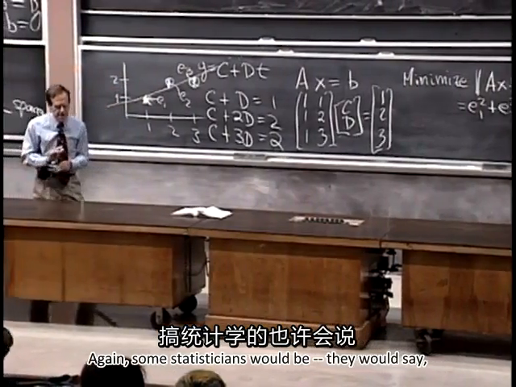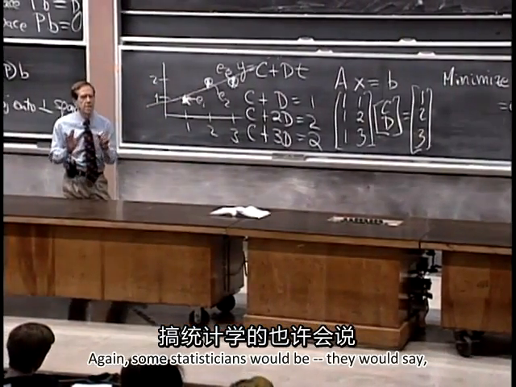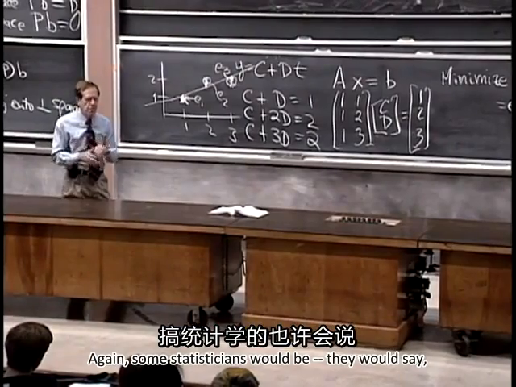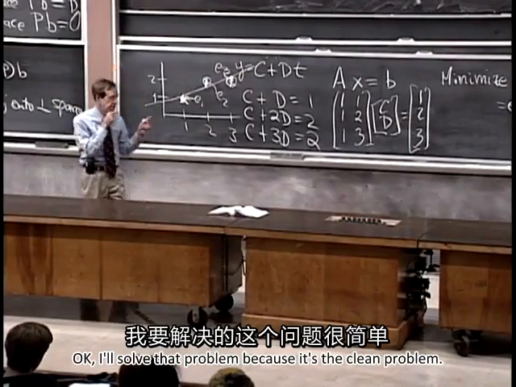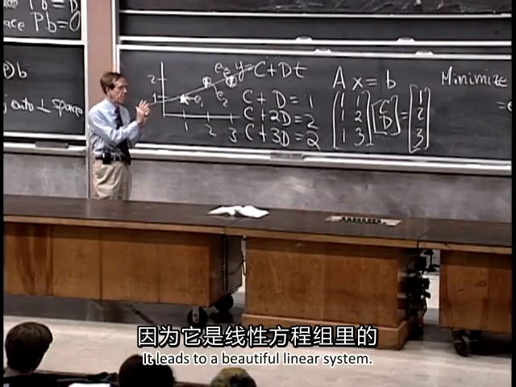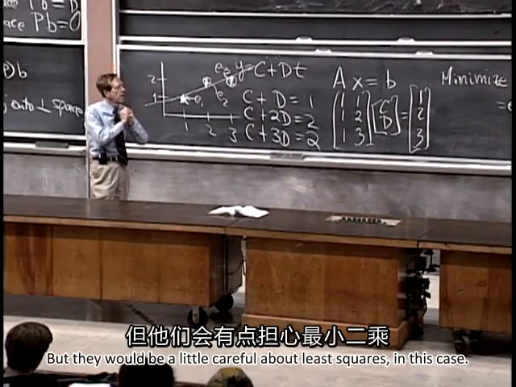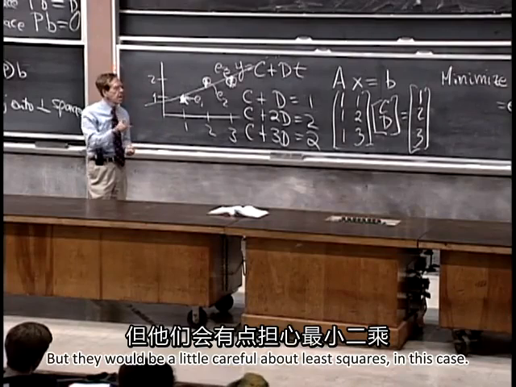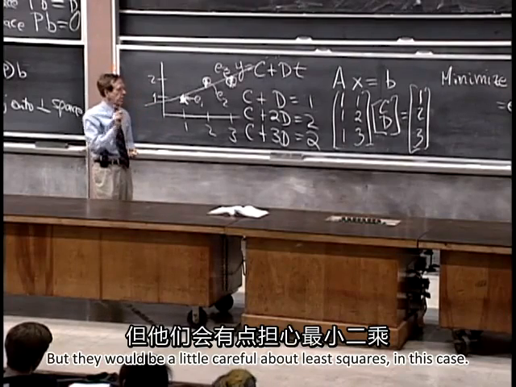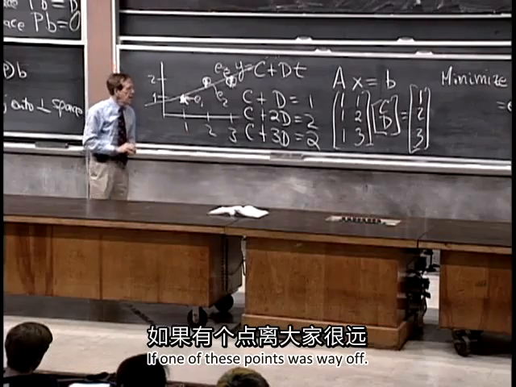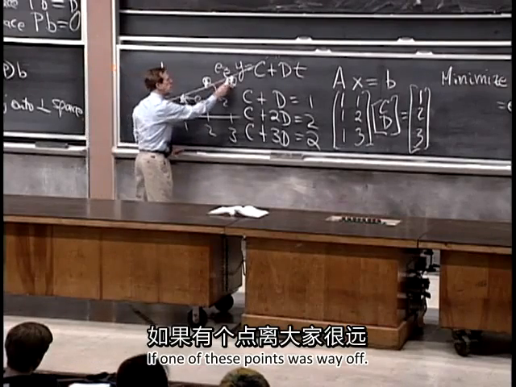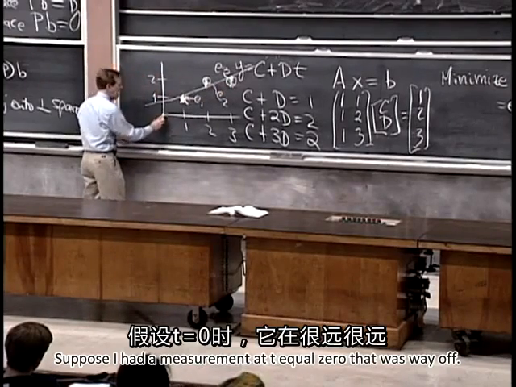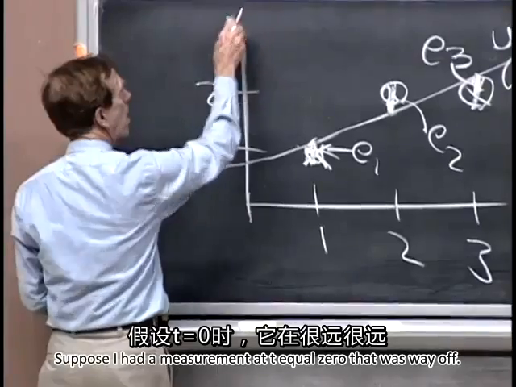Again, some statisticians would say, okay, I'll solve that problem because it's the clean problem. It leads to a beautiful linear system. But they would be a little careful about least squares in this case. If one of these points was way off, suppose I had a measurement at t equals 0 that was way off.